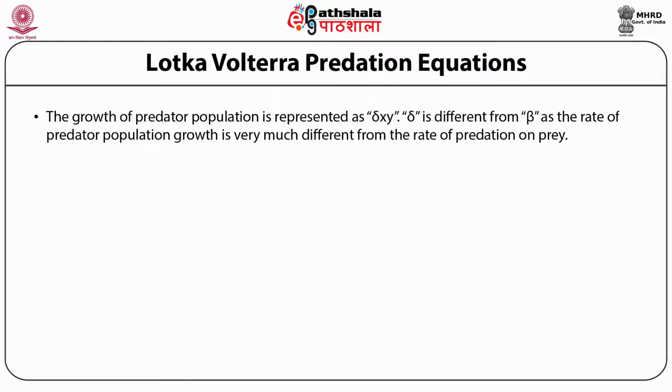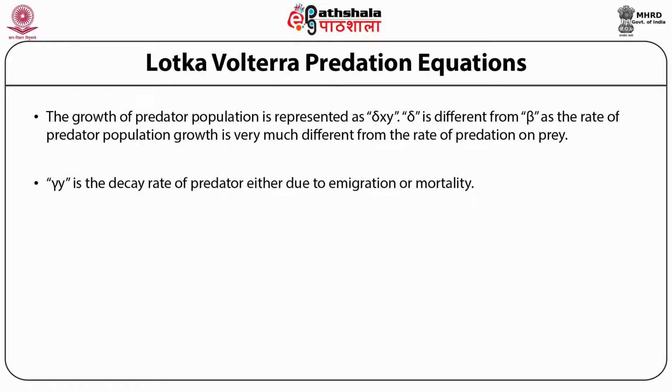Delta is different from beta, as the rate of predator population growth is very much different from the rate of predation on prey. γy is the decay rate of predators, either due to immigration or mortality. In the absence of prey, the predator follows an exponential decay.